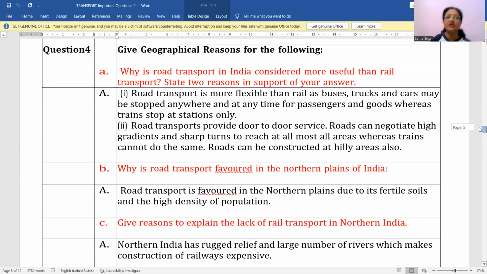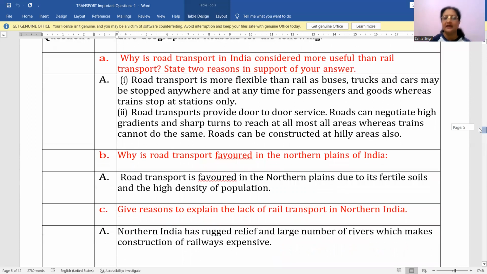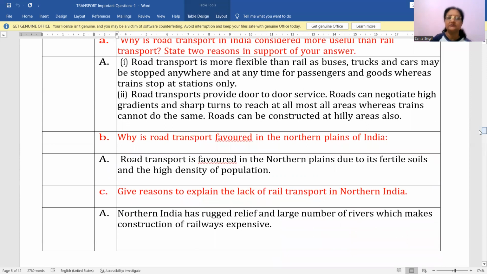तो यहाँ जैसे इस टाइप का क्वेश्चन यहाँ पर आप देख रहे हो, इसमें रोड और रेल को कंपेयर करना है। Road transport is more flexible than rail as buses, trucks and other vehicles, right, can be stopped anywhere at any time for passengers and goods and all. But trains cannot stop. It stops only at stations. Next, road transports provide door-to-door service. Yes, this is again one point we have to consider.